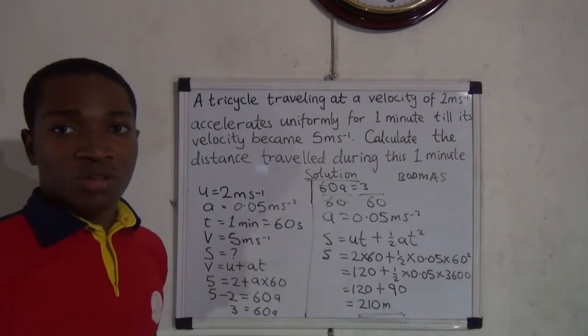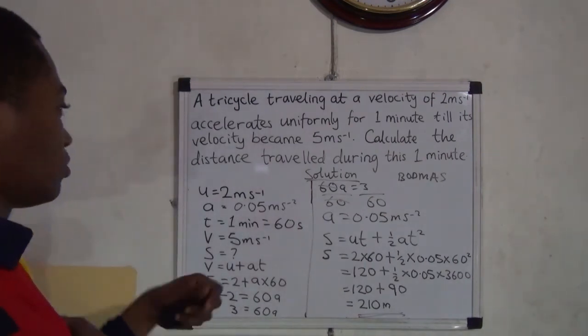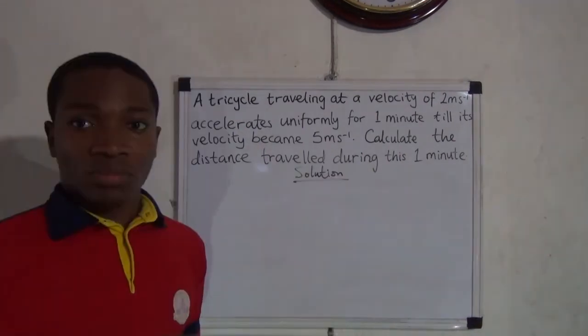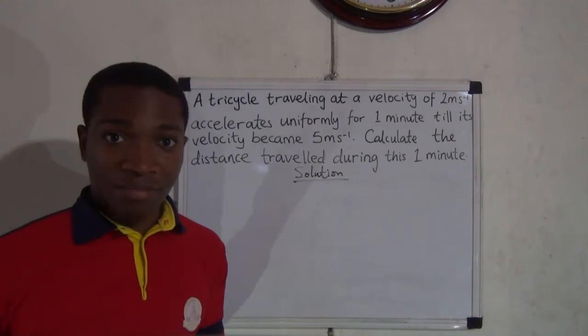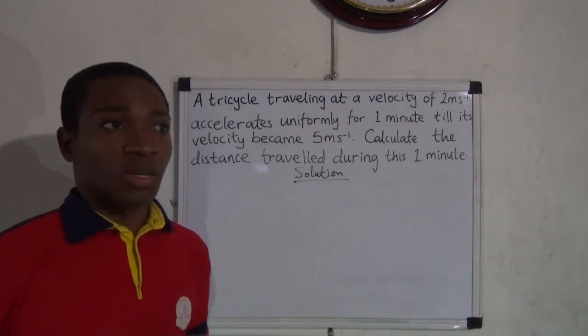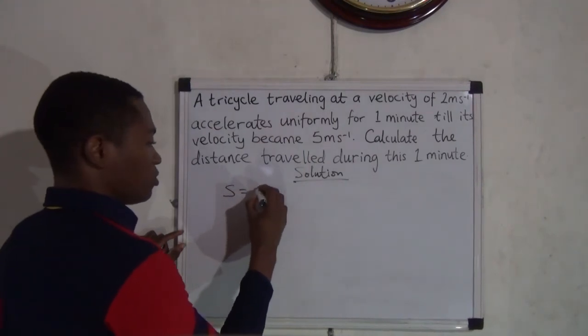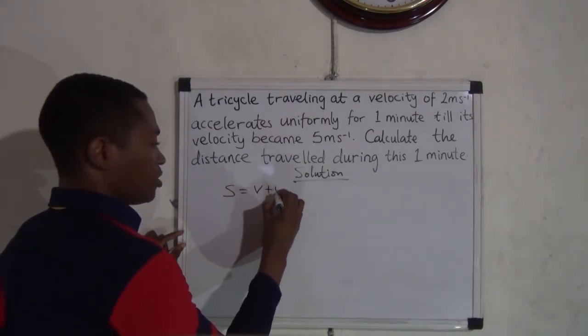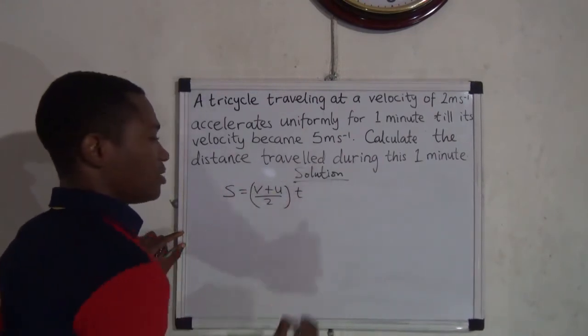There's an alternative way of solving this question. Let's do it. Remember that during the derivation of the equations of rectilinear motion, I came up with the formula that s is equal to final velocity plus initial velocity divided by 2, multiplied by time.